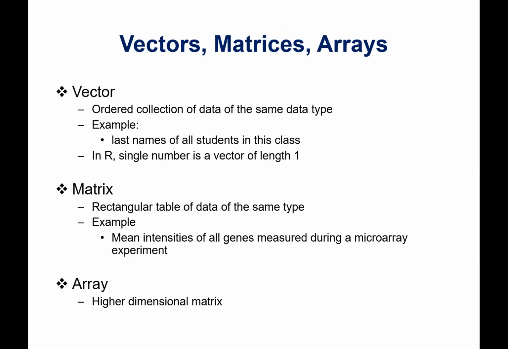The vector is where we usually collect data of the same data type. Then the matrix. I think the matrix is the most general data format in R. It is a rectangular table of data of the same type. And then the array, which is actually a high-dimensional matrix.